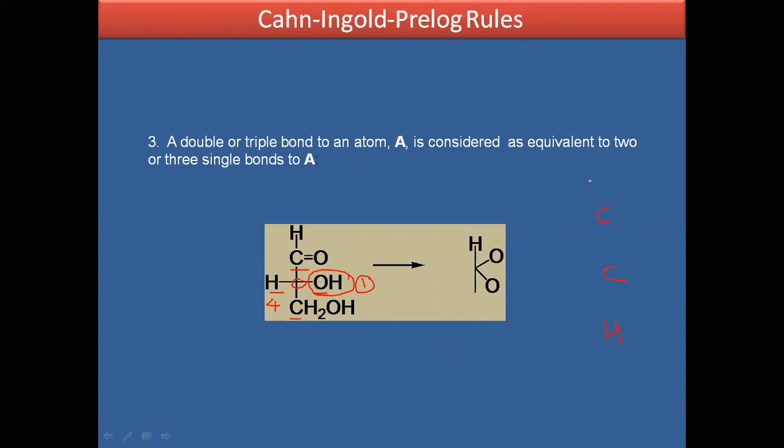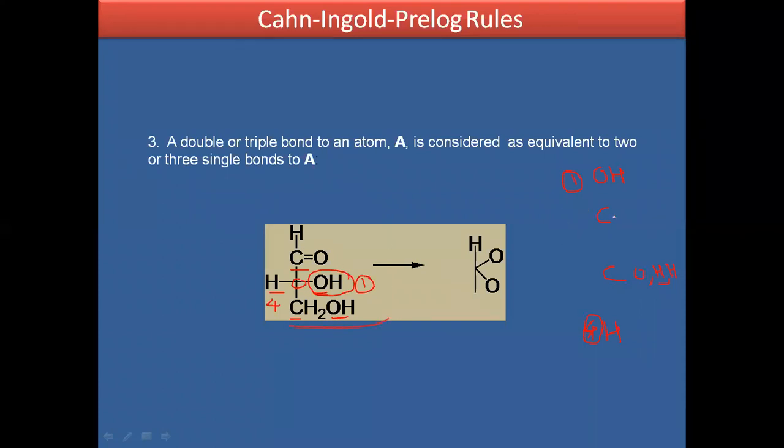But in the second and third positions, there are similar atoms directly attached to the asymmetric center. But here, which atoms are attached? One oxygen and two hydrogens are attached to this carbon atom.